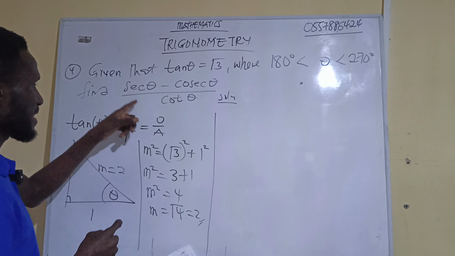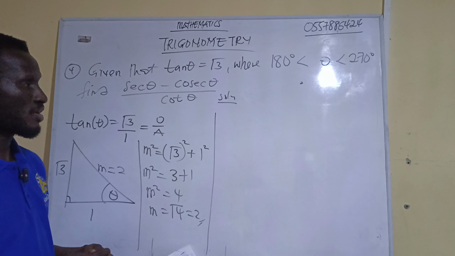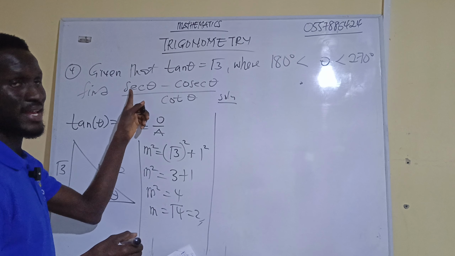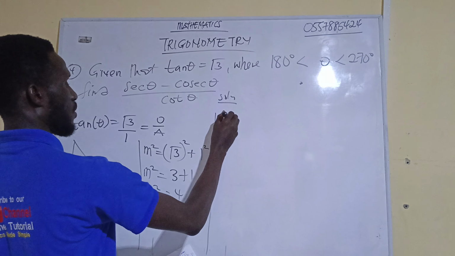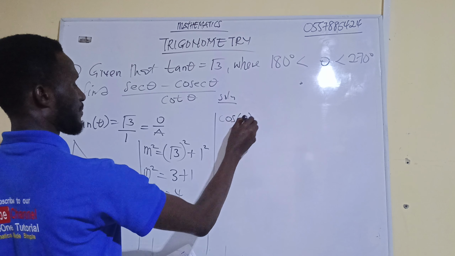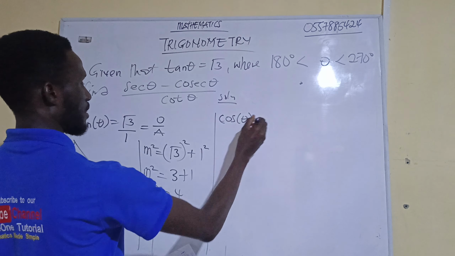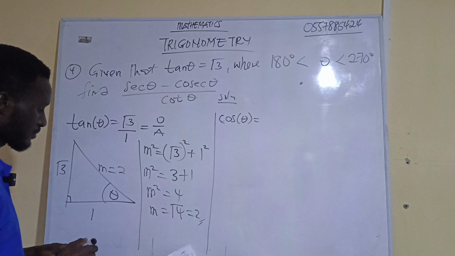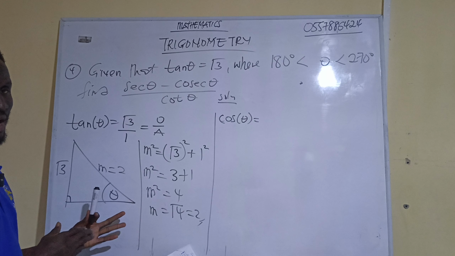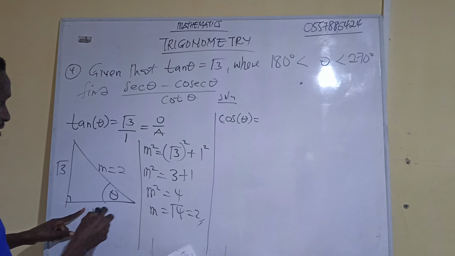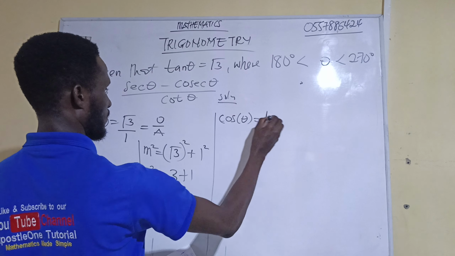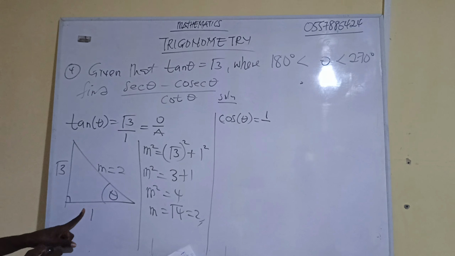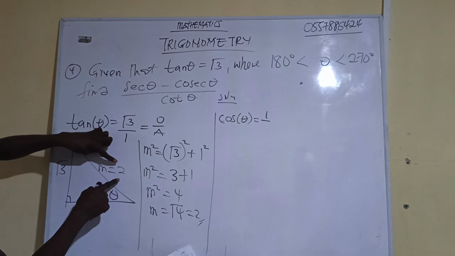Now we need our sec and then cosec. But before then, if I want to find sec, I must first look for cos theta. Now what is cos? Cos is adjacent over hypotenuse. Adjacent is 1. Hypotenuse is what? 2.